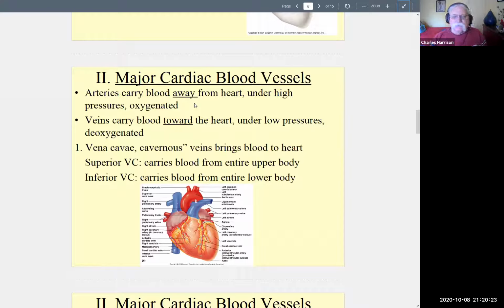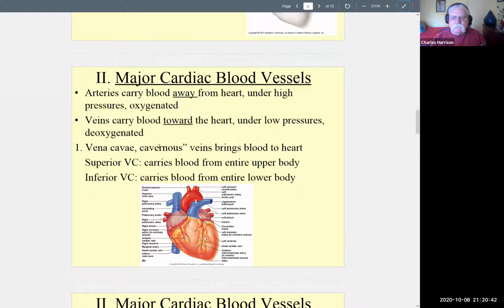One we'll get to right away. Veins carry blood towards the heart under lower pressures, and the veins carry back deoxygenated blood, or blood that has less oxygen in it.